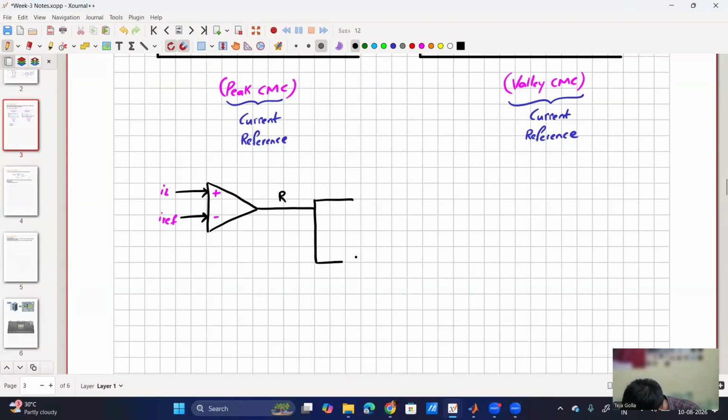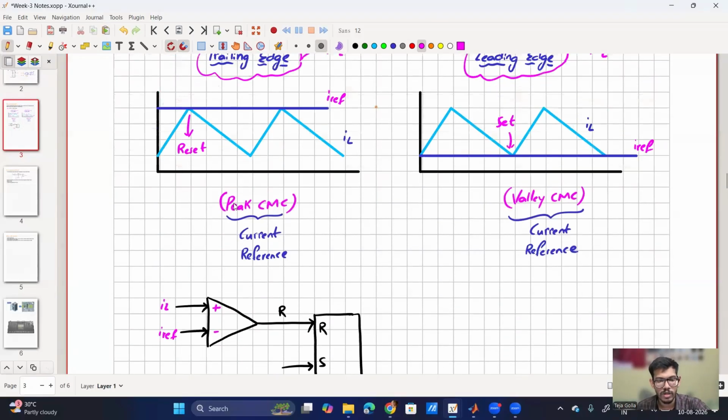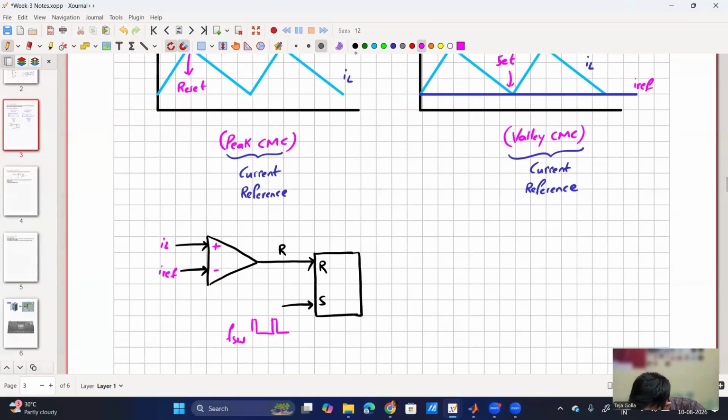Then I have an RS flip-flop or SR flip-flop, and the set pulse is coming from a fixed frequency because it's a fixed frequency operation. So the fixed frequency pulse is setting, and then reset is coming from the loop. Whenever IL goes above I reference, this will generate the reset pulse, and then the output will become 0. So this is my Q.